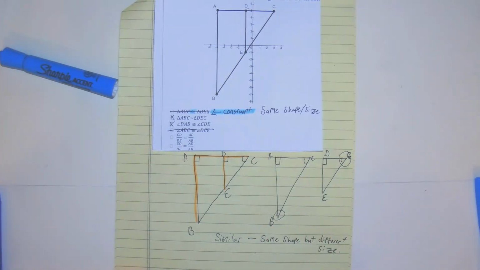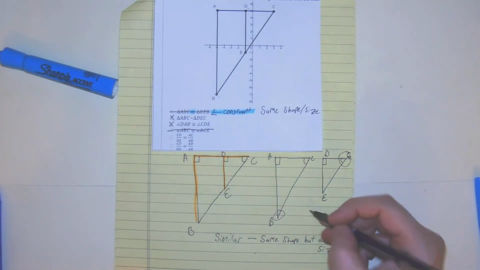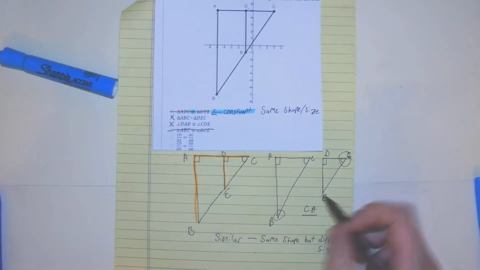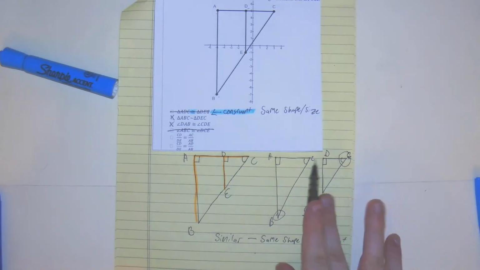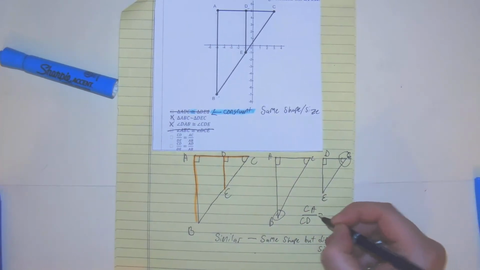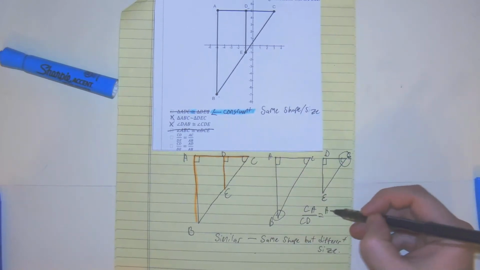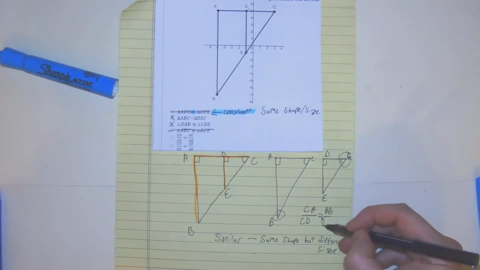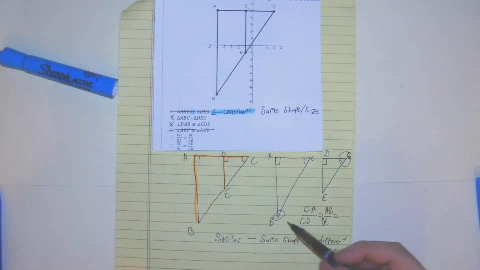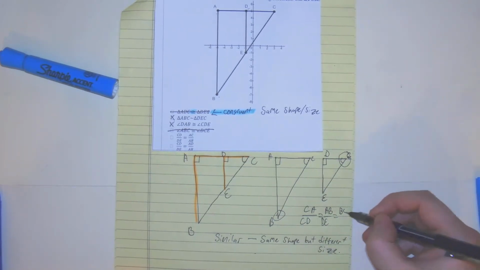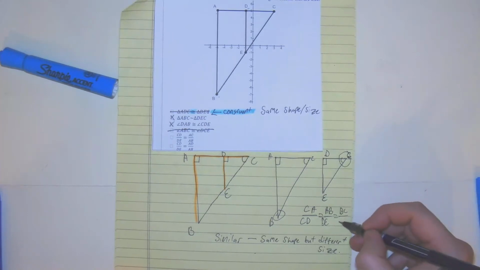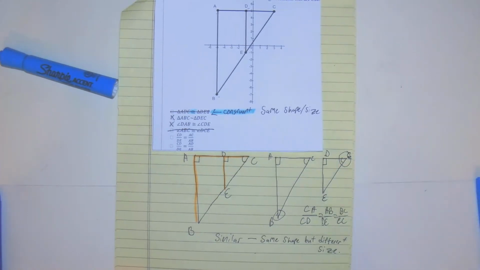Well, let's create a proportion statement based off our two triangles. So we know CA, if we do CA from the big triangle, would go with CD. And our extended proportion, AB, would go with DE. And then BC, big triangle again, would go with ED, or EC. Let's just see if anything matches up.